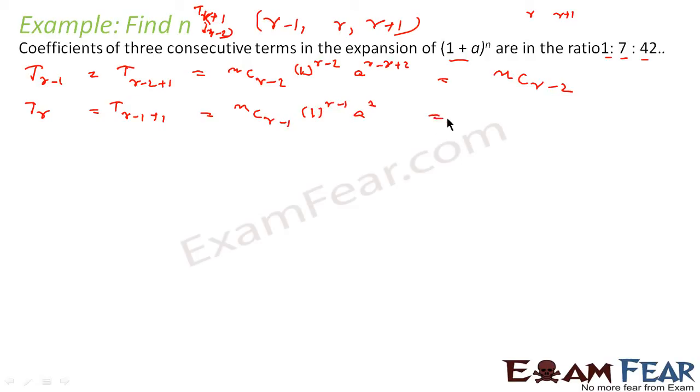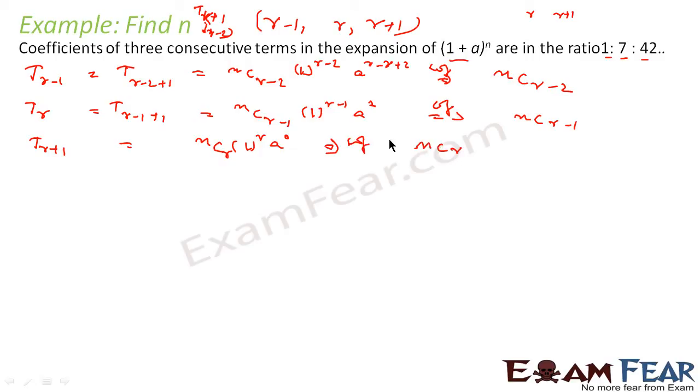The coefficient for this is equal to nC(r minus 1). Similarly, t of r plus 1 is already in the same format, so it is nCr into 1 to the power r and a to the power 0. The coefficient becomes nCr.